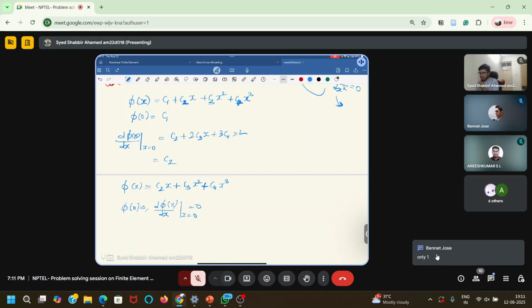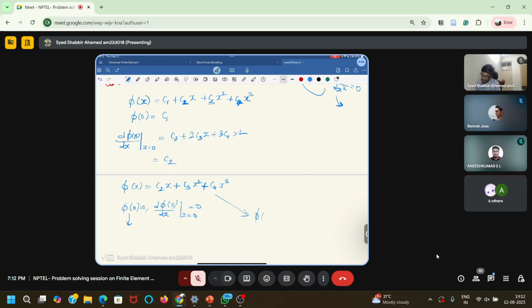Only one it will satisfy. Yeah, this will satisfy only phi of 0 equal to 0. So I cannot take this as my approximate solution either, because d phi by dx at x equal to 0 will be C2, so it is not satisfying both essential boundary conditions. So I have to refine it again.